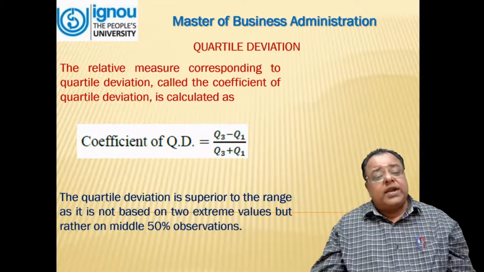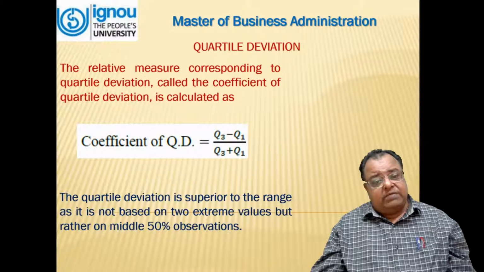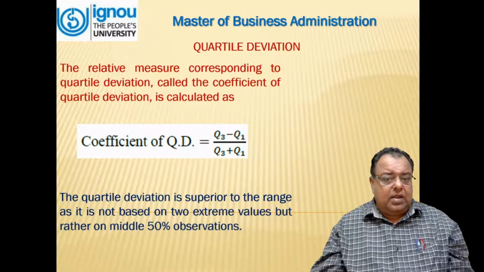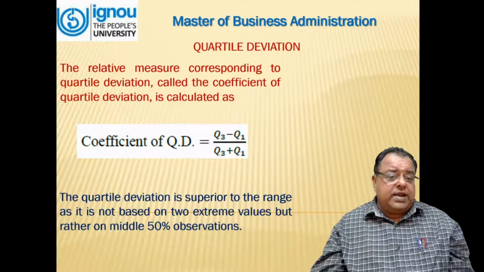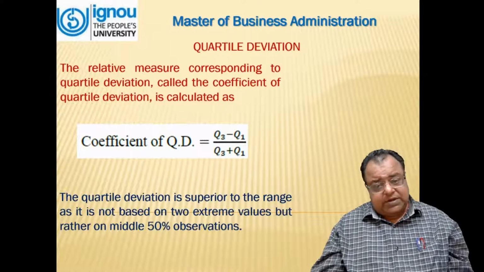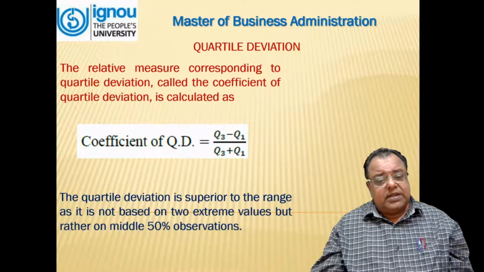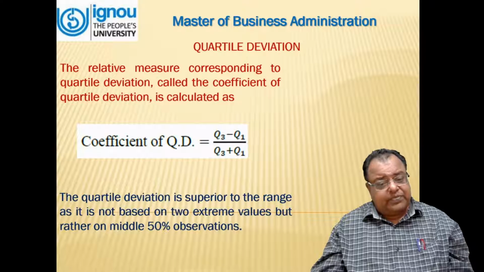How do we calculate the coefficient of quartile deviation? The relative measure corresponding to quartile deviation is the coefficient of quartile deviation. It is defined as (Q3 minus Q1) upon (Q3 plus Q1).